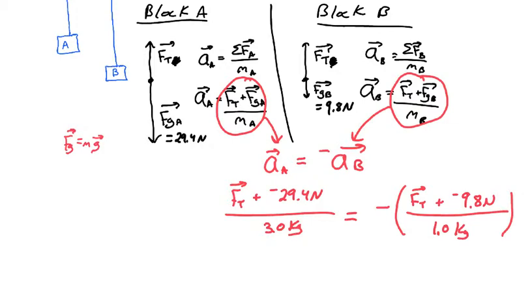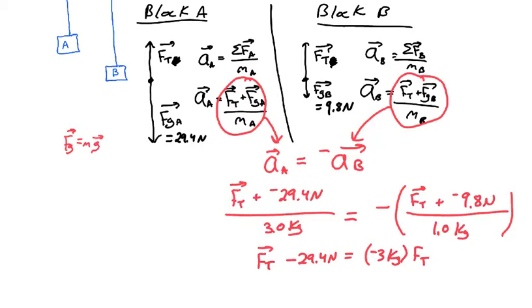I'm going to multiply both sides by 3 kilograms first, so that leaves me with Ft minus 29.4 newtons equals, and then I'm also going to distribute that negative sign while I'm multiplying by 3. So this will be negative 3 kilograms times Ft. And you know what?